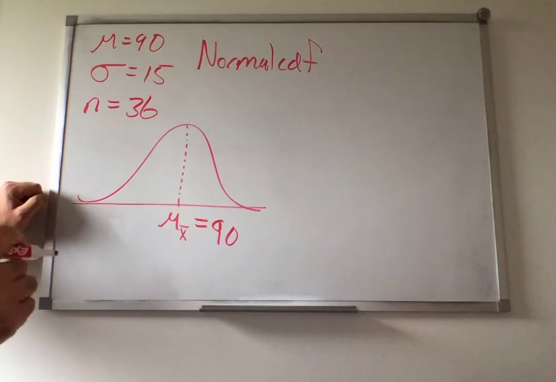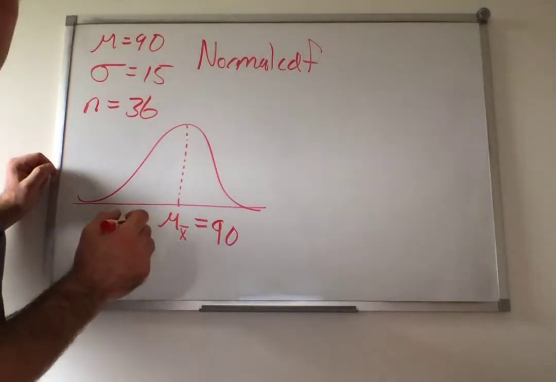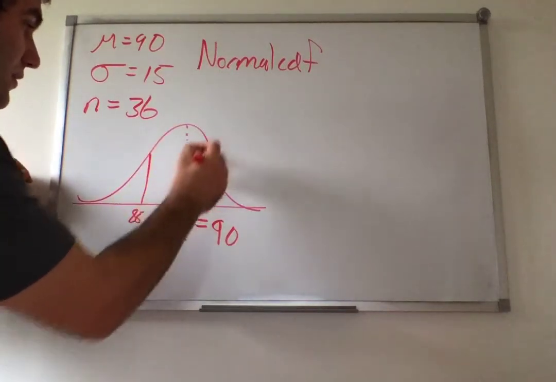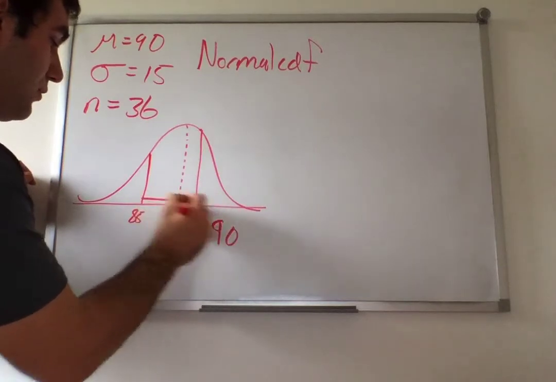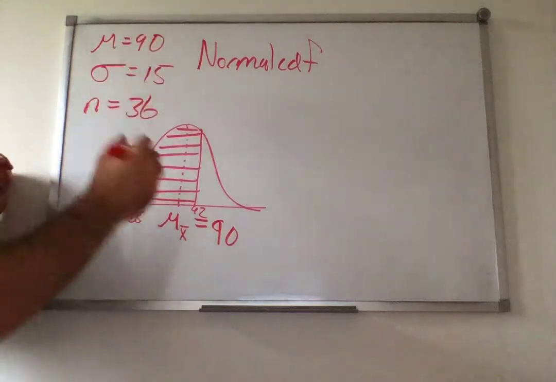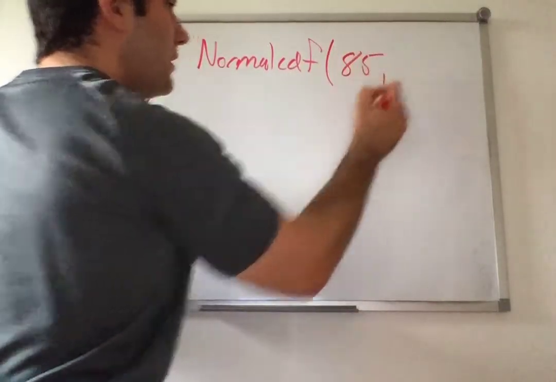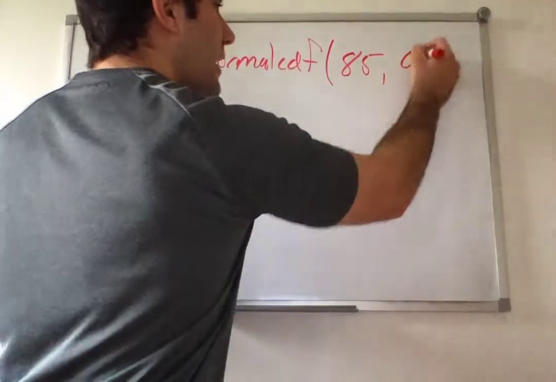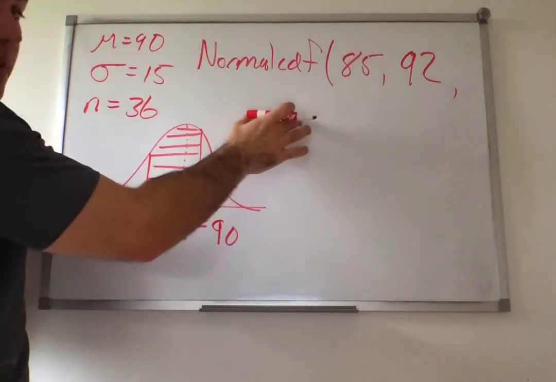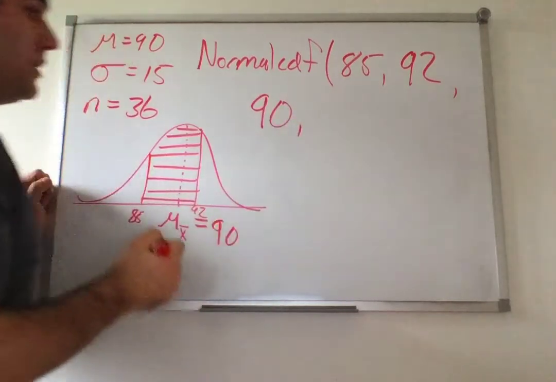Now we want to know the probability that we are between 85 and 92. We want that area right there. To find that area, normal CDF: they told us our lower bound was 85, and our upper bound was 92, comma. I'm running out of space, so I'm going to put it down right here. The mean stays the same, comma.